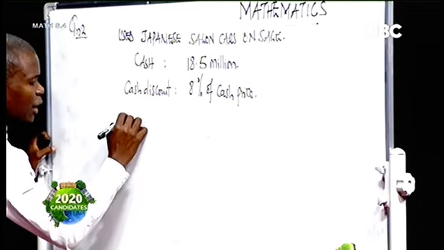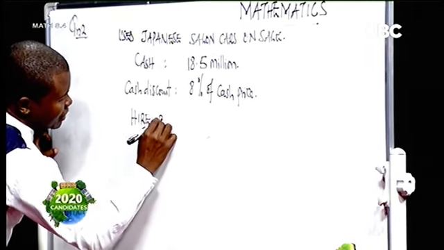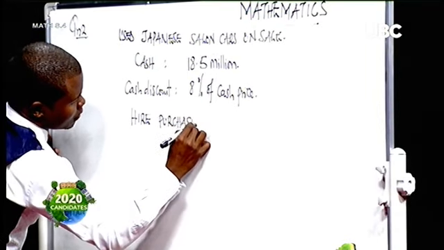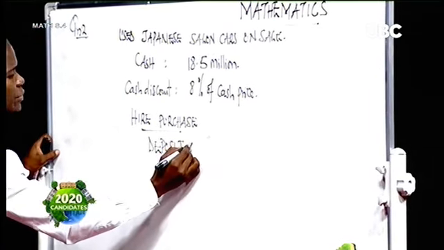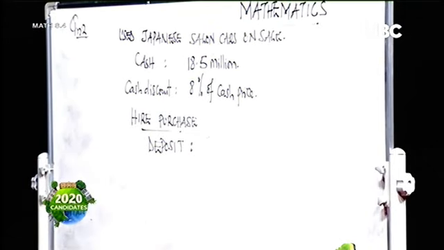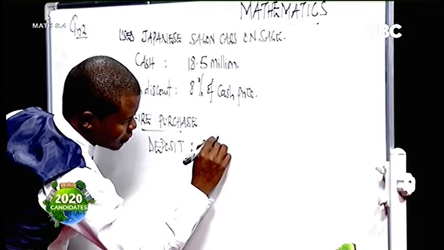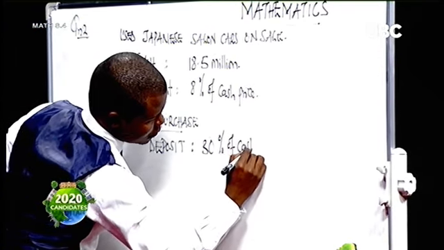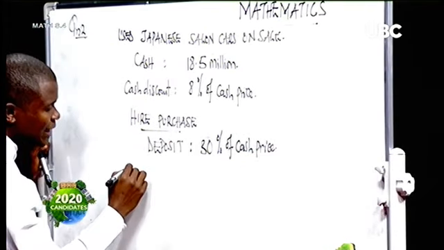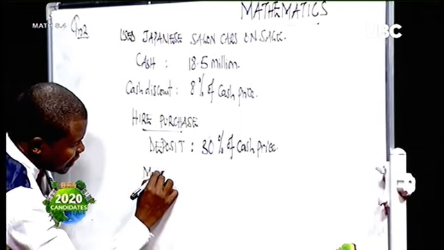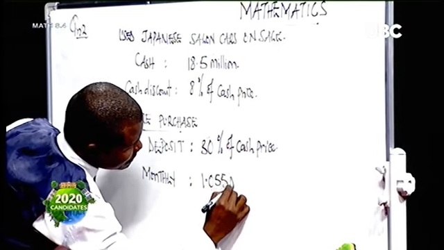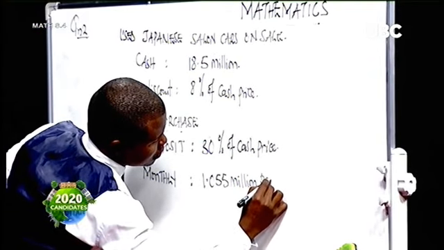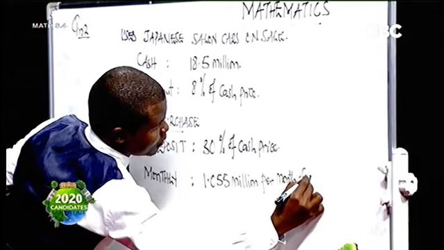However, you could also opt for hire purchase. And hire purchase, the deposit you are supposed to pay is 30% of the cash price, and thereafter you pay monthly installments of 1.055 millions per month for 10 months.